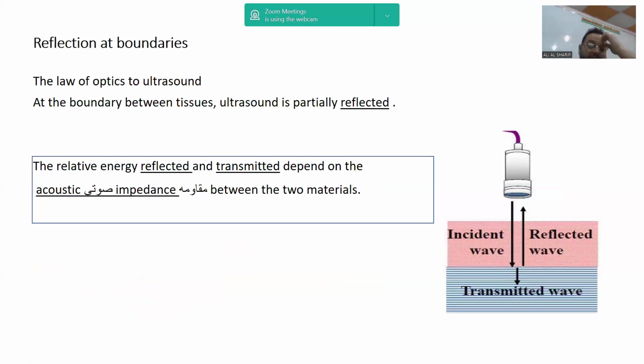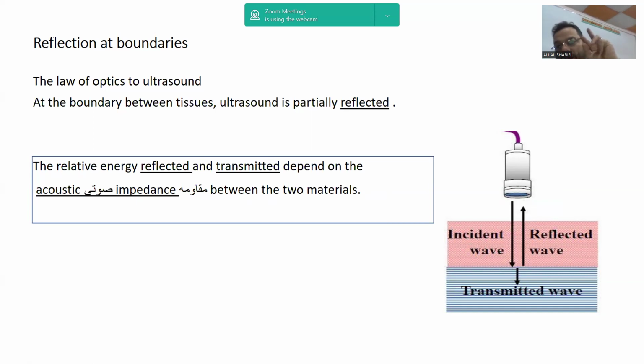The answer will be from this slide. The title is reflection at boundary. The law of optics applied to ultrasound at the boundary between tissues: ultrasound is partially reflected, like that. Here it's the received waves, here it's the reflected waves.